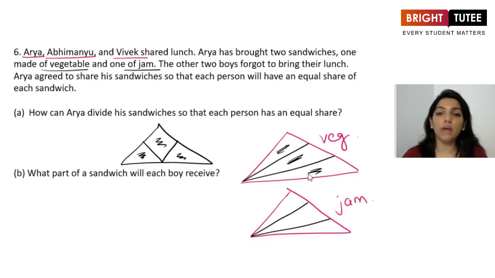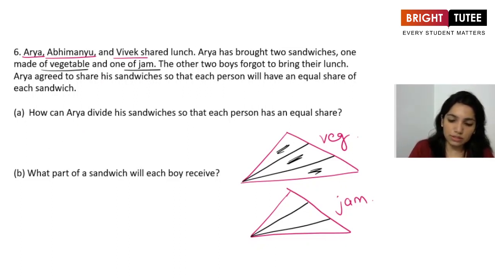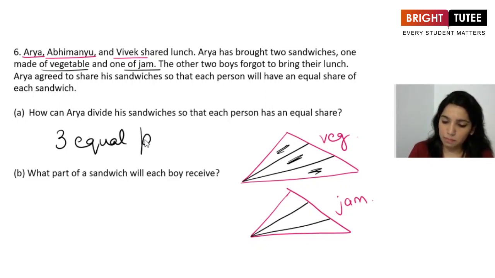So this is a more appropriate image. Rather than drawing the earlier one, we'll draw these triangular images to divide the given sandwich. It's good that we make mistakes because we learn from our mistakes, right? Now the question says, how can Arya divide his sandwiches so that each person gets an equal share? She will divide it into 3 equal parts.